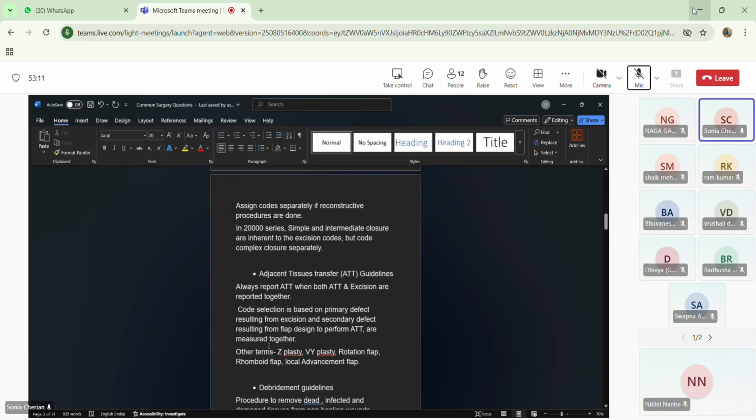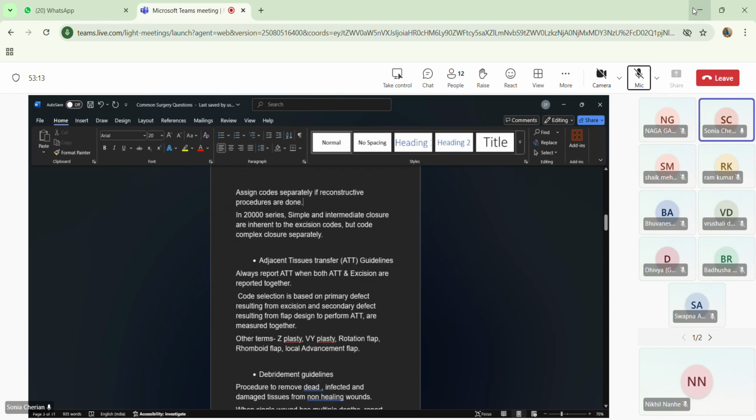So that is one thing you need to understand. And coding adjacent tissue transfer: as I told you, when you're reporting ATT and excision, you always have to code the ATT only.